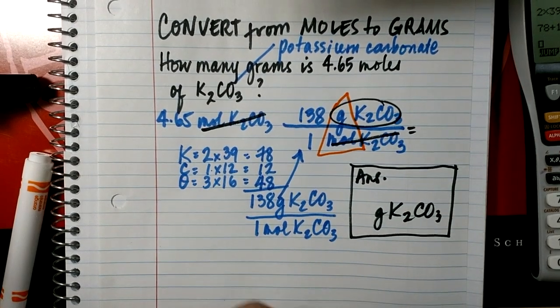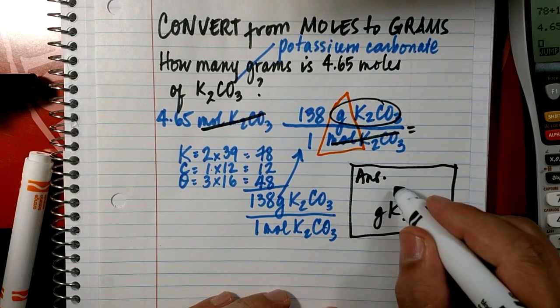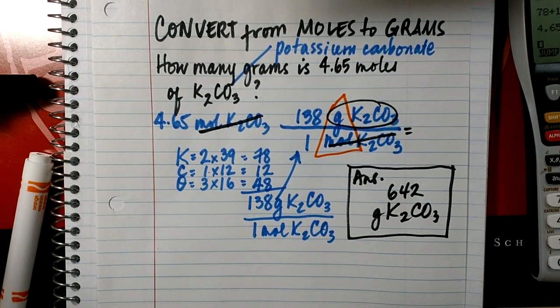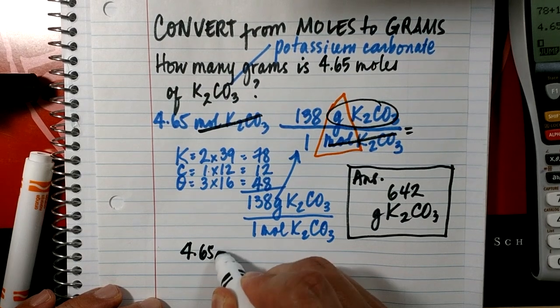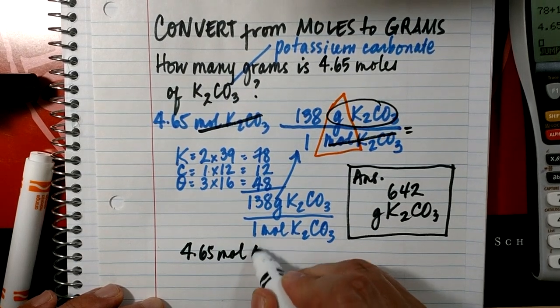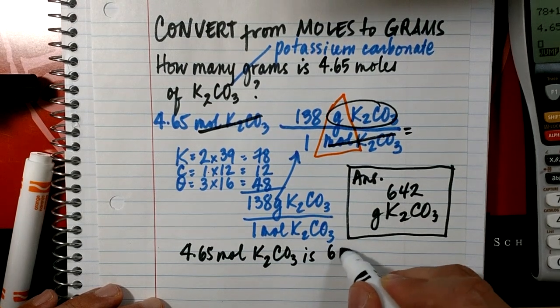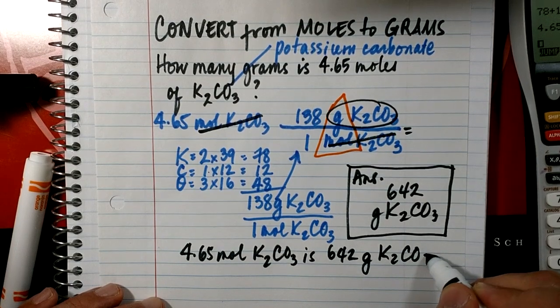And so now it's just a matter of using a calculator. 4.65 multiplied by 138, then divided by 1, gives us an answer of 642 grams of potassium carbonate. So in fact, 4.65 moles of potassium carbonate is 642 grams of potassium carbonate.